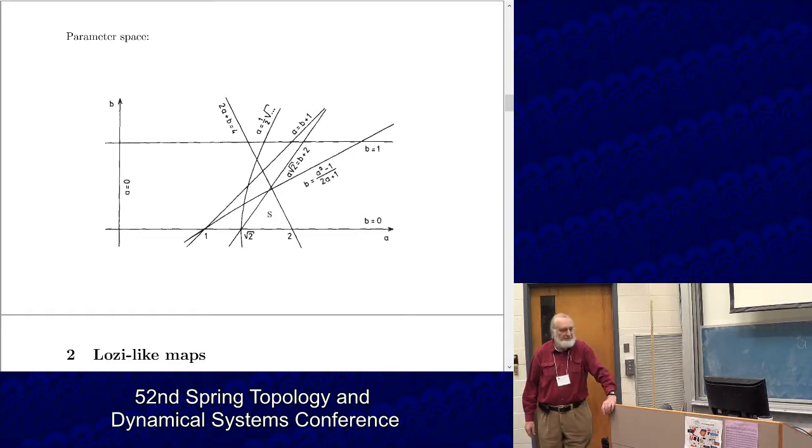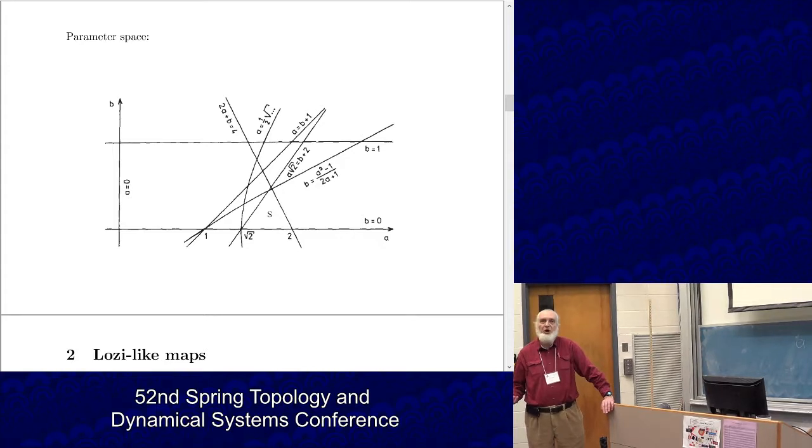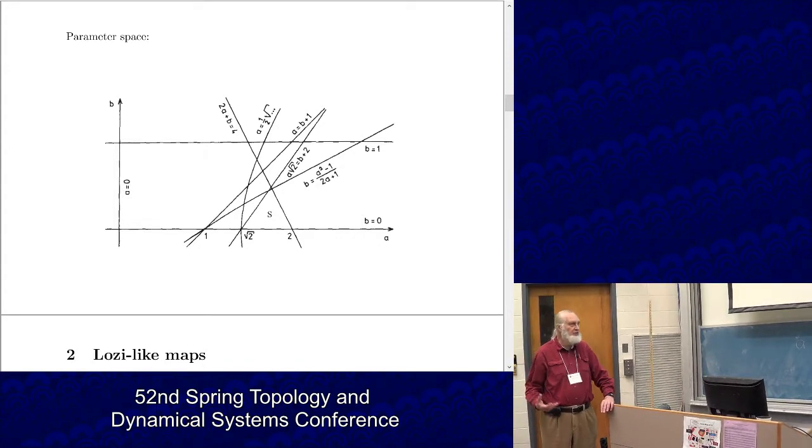And it's very, very difficult to prove for such maps whether we have, say, an attracting periodic orbit of high period, or maybe a strange attractor, or maybe something else. For the Lozi map, it's much easier because we just have two linear maps.